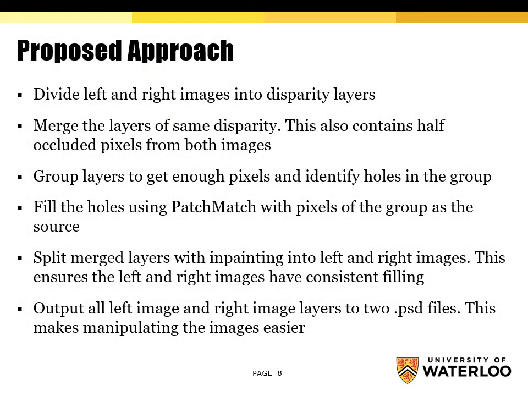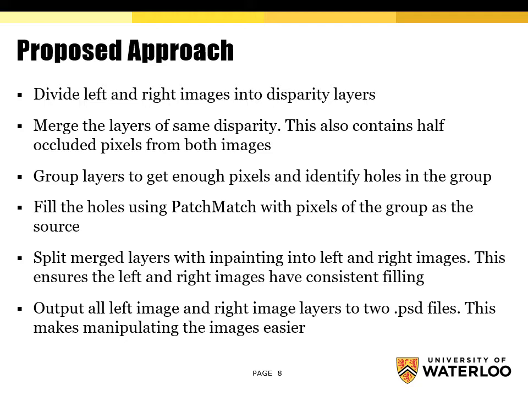Now let's talk about the different steps that are involved in the proposed approach. First, we divide the left and right images into multiple disparity layers. Then we merge the layers of the same disparity so that the half occluded pixels that are only present in one of the images are also present in the other without having to perform any warping step.